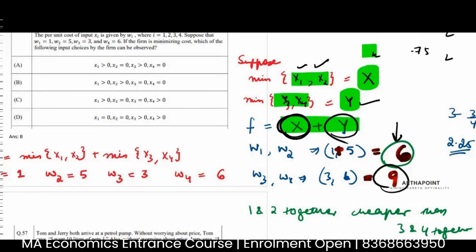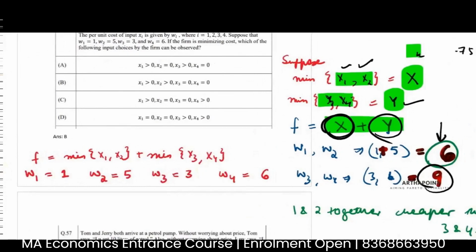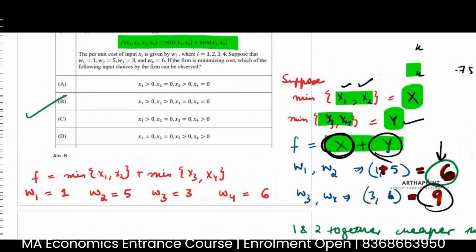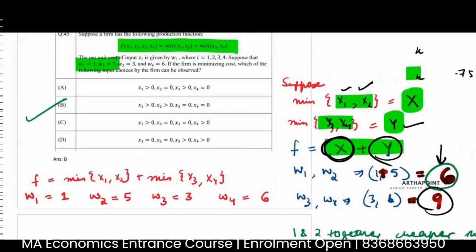So I should be using only input 1 and 2 and not input 3 and 4. So my answer to this question will be B. Because input 1 plus 2 together cost me 6 rupees and 3 plus 4 together cost me 9 rupees, it is much better to use input 1 and 2 together and leave out 3 and 4.